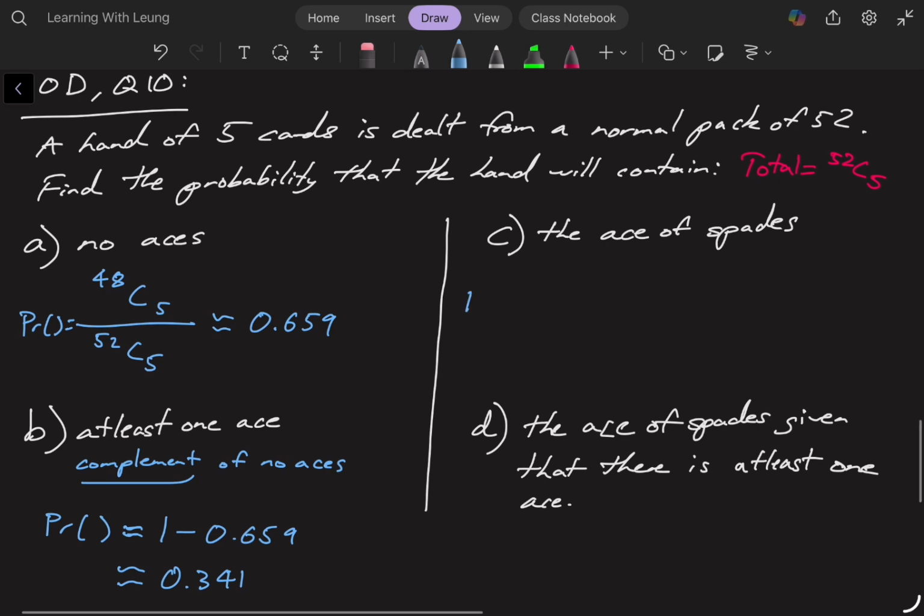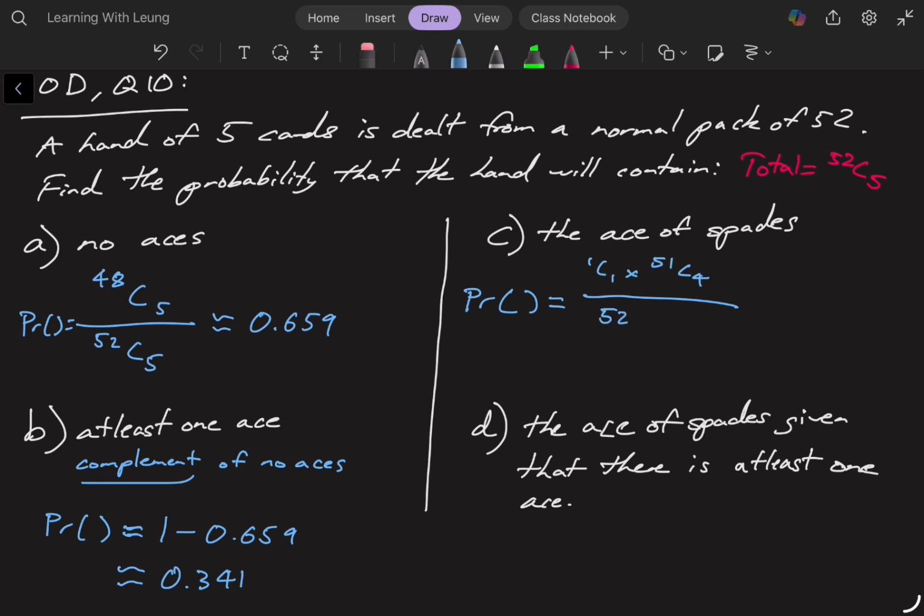combination. If I pick the ace of spades, how many ways are there to do that? I'm just going to do the whole thing as a probability because I think we'll be okay. The number of ways of picking the ace of spades is 1C1. Cool? And then I need to pick the other 4. So it's 51C4.